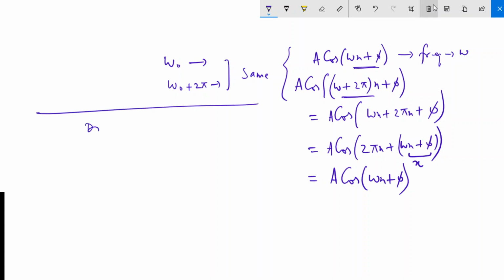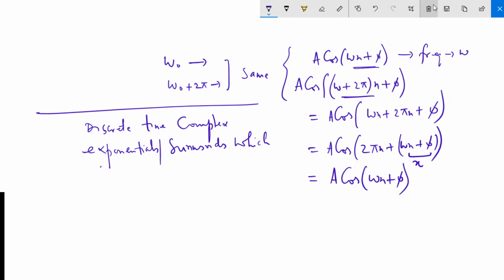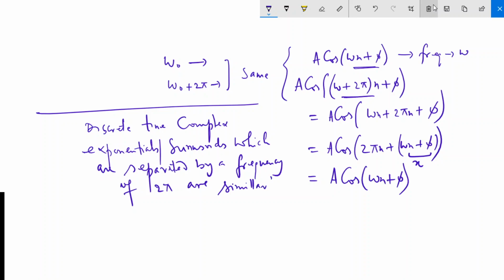Okay, so discrete time complex exponentials and sinusoids which are separated by a frequency of 2 pi are similar.